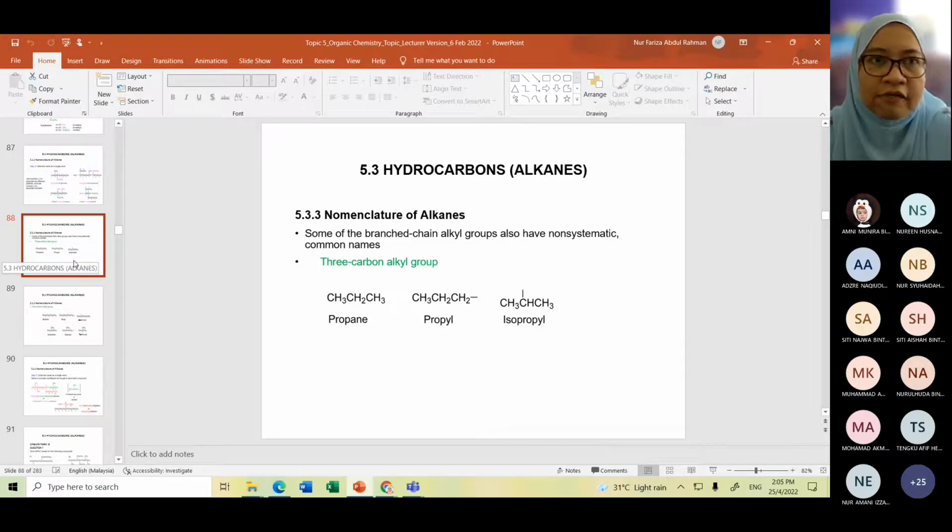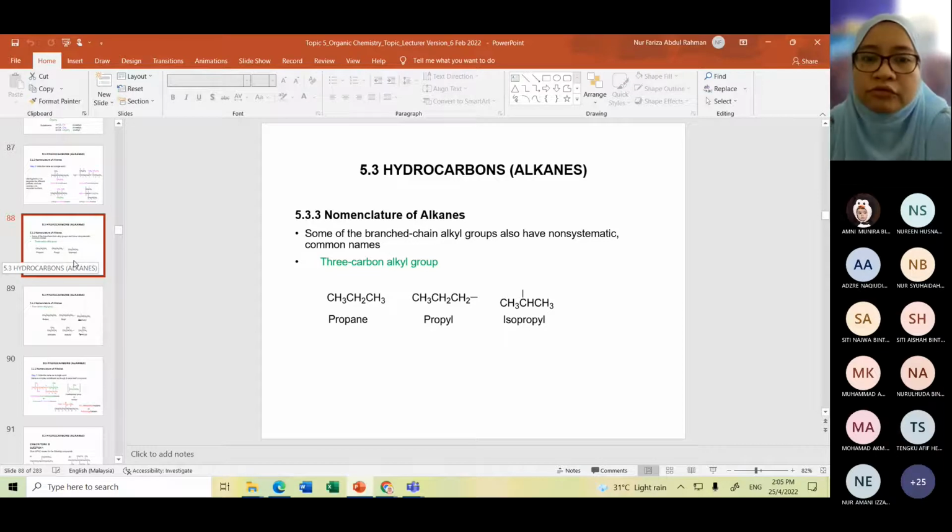To separate numbers and letters, you have to use a hyphen, a dash. If you have more than one substituent or the same alkyl group, you may need to use a comma.